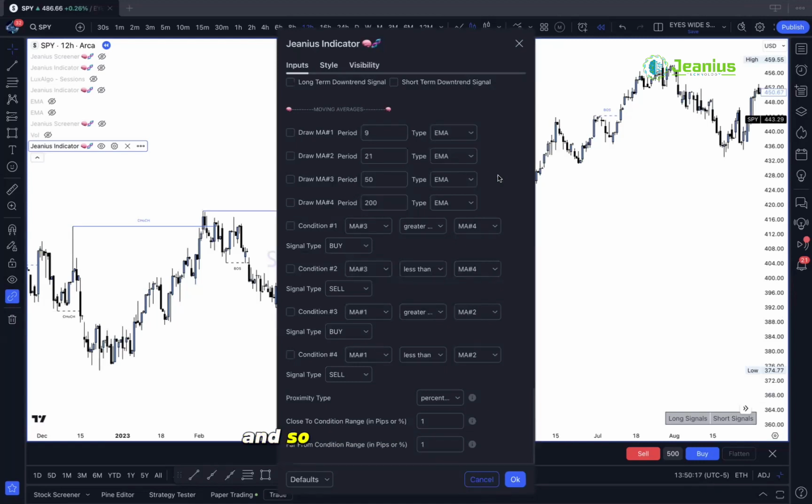There's a rule, which obviously I go against sometimes, where if the 50 is above the 200, that tells you the trend is strong to the upside, and if the 50 is below the 200, it's strong to the downside. So pretty much a golden cross or a death cross.